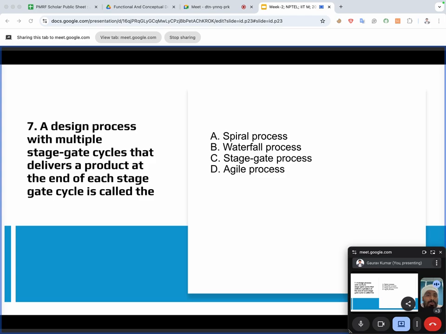Each loop represents a phase in the process: planning, risk analysis, development, and evaluation. Imagine climbing a spiral staircase, with each complete round being an iteration.